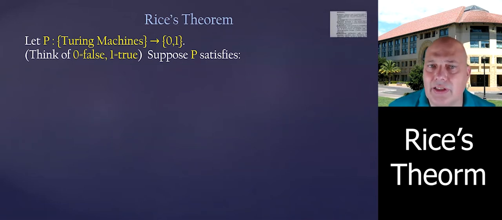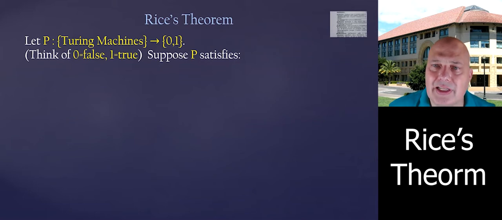So if P is a predicate over Turing machines, it's a function from Turing machines to 0, 1, but you should think about it as a predicate, telling if a property holds or not, if it's false or true.